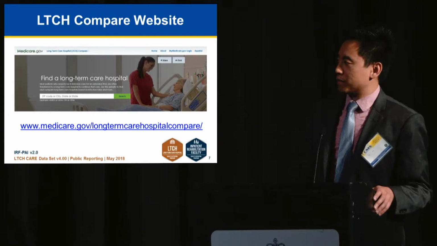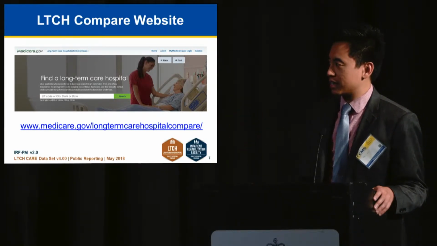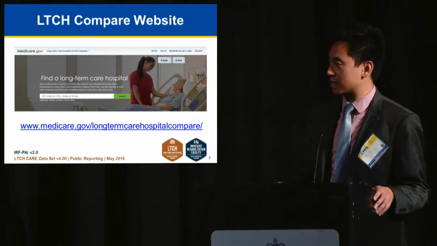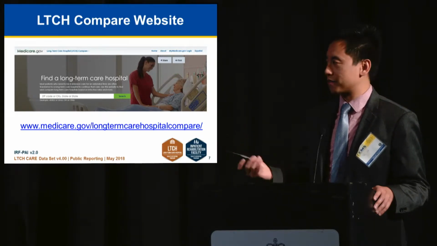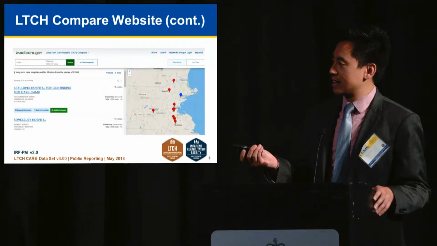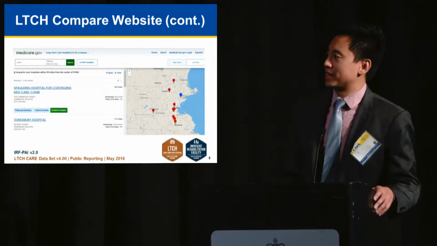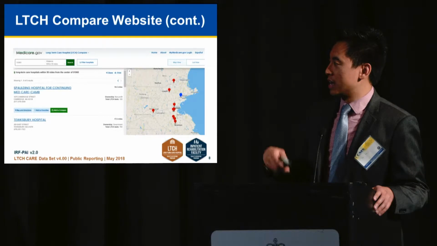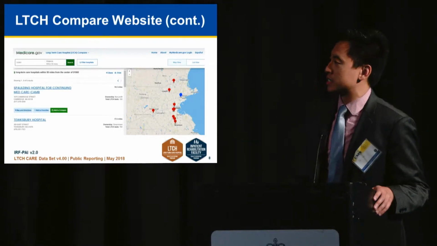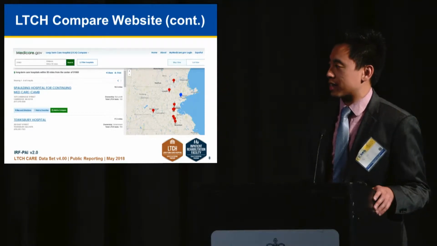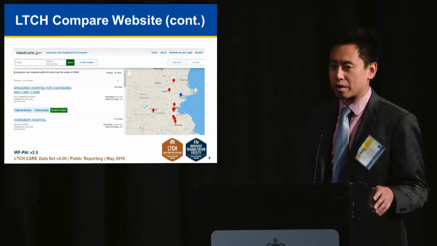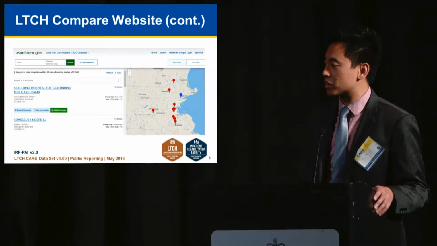In the box below, you can type in a zip code, city, state, and it will pop up some results, by default within the first 50 miles. And you can see right there is the results page. So let's say you type in Boston. You see the closest LTACs within 50 miles from the zip code or city and state that you inputted.